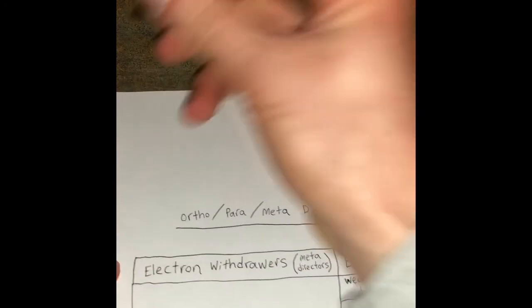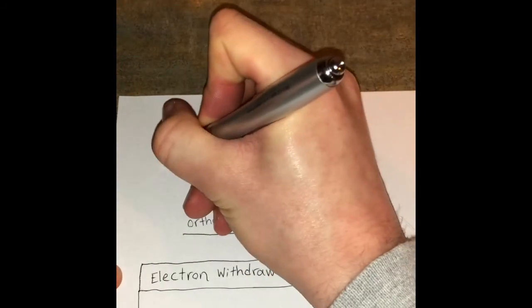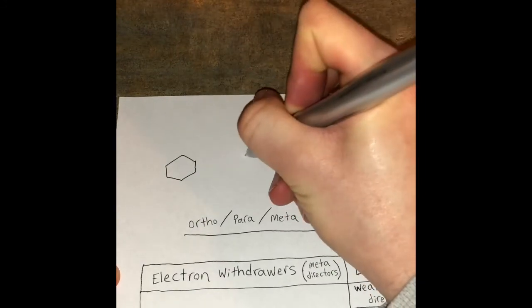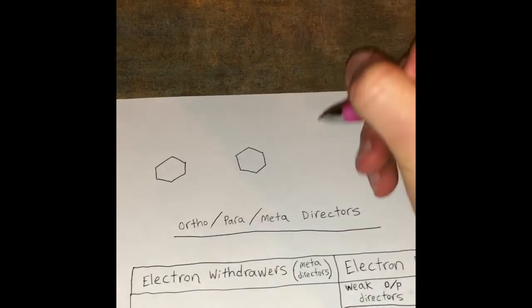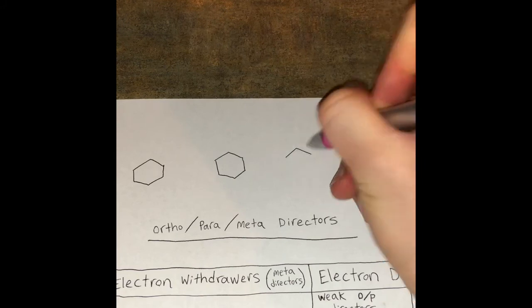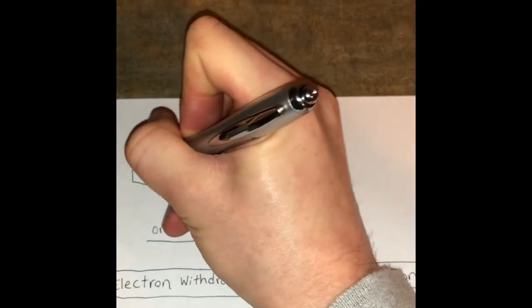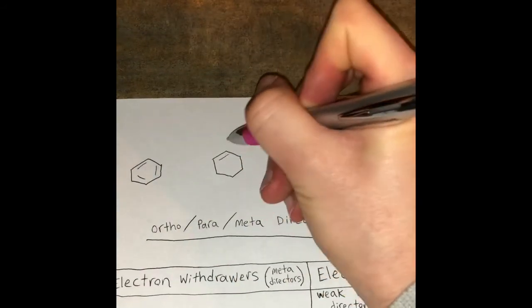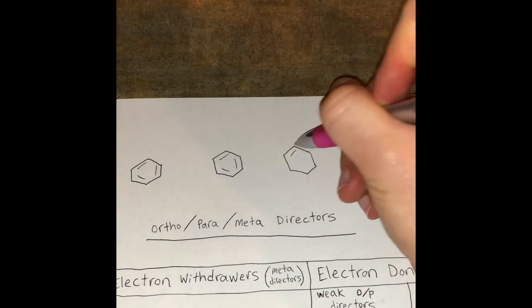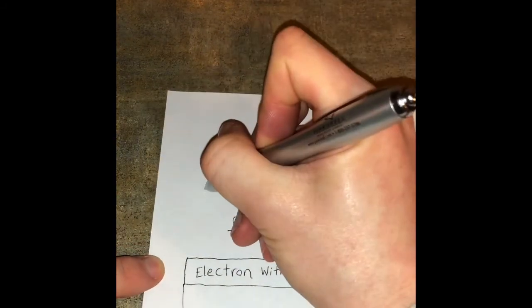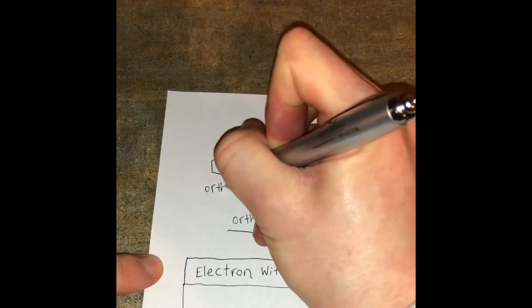So I'm going to draw 3 benzene rings up here. Okay, so underneath the first one, I'm going to put ortho.